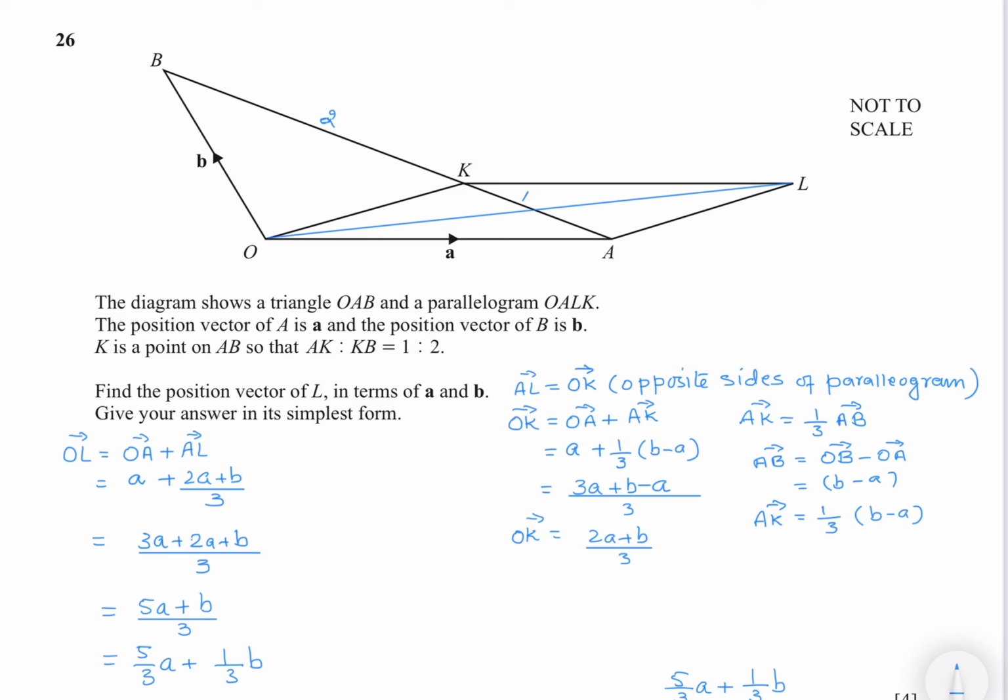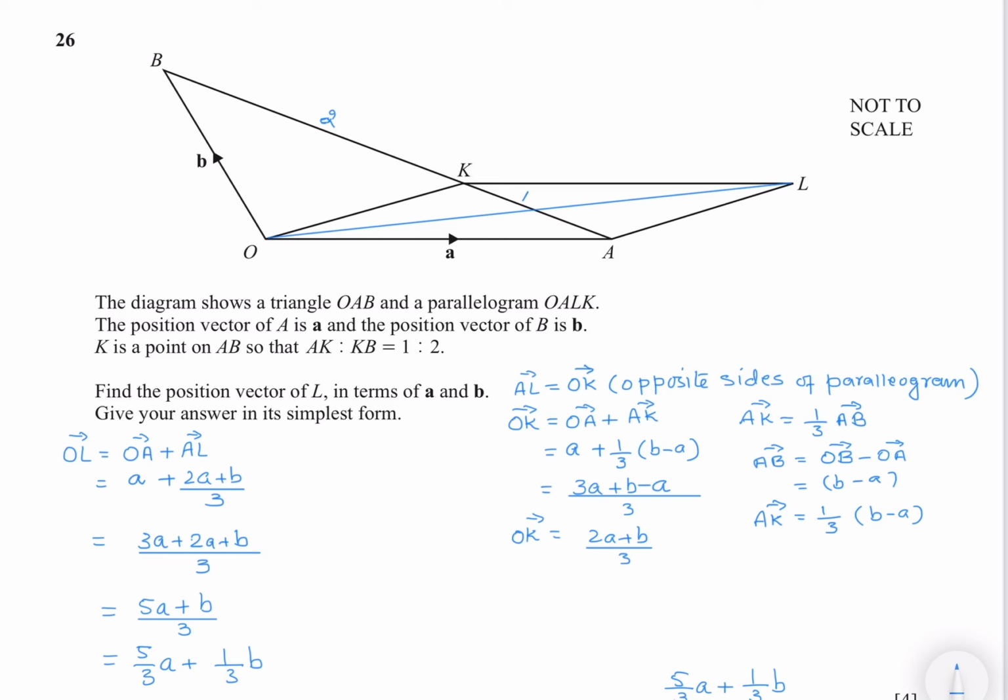Okay, OL means from O go to A, like OL equals OA plus AL. We have OA, which is a, plus we don't have AL.